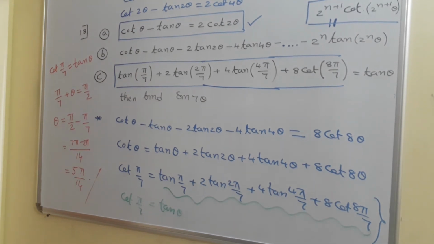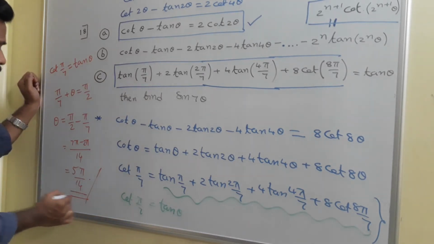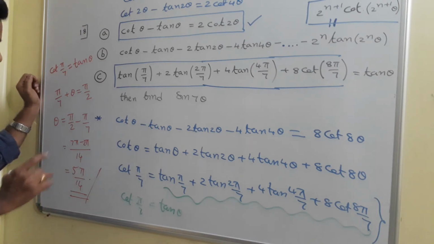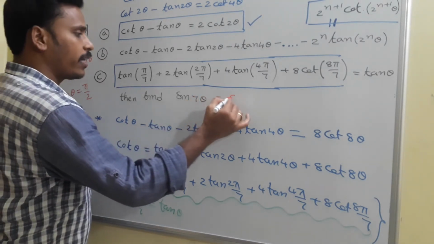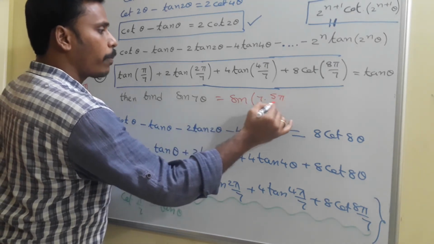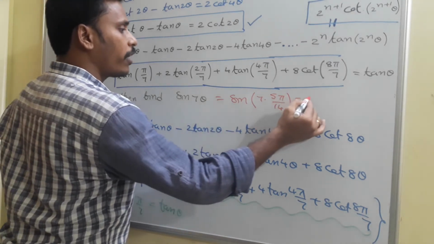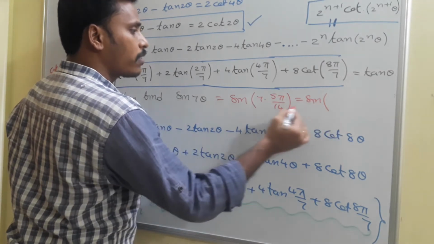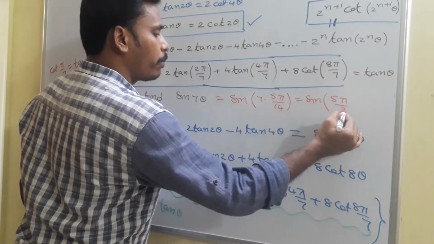Yeah, it's a simple calculation mistake again. If you look there, see, pi by 7 plus theta is pi by 2, then theta is equal to 5 pi by 14, not that 6 pi by 14. So now this is equal to sine 7 theta, sine of 7 into 5 pi by 14, and on simplification it is equal to sine of 7 2's, and this is 5 pi by 2.